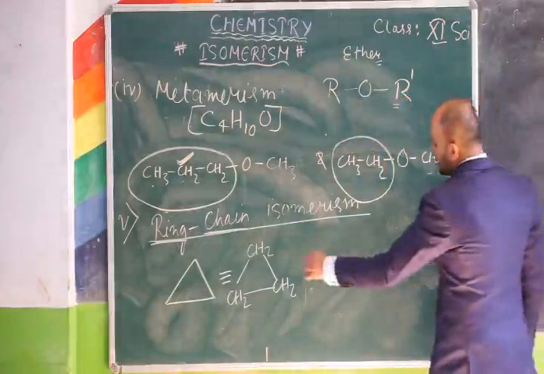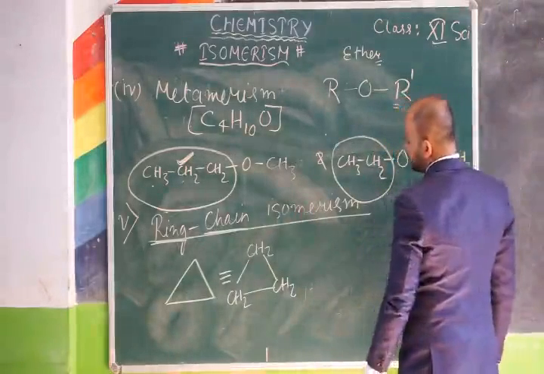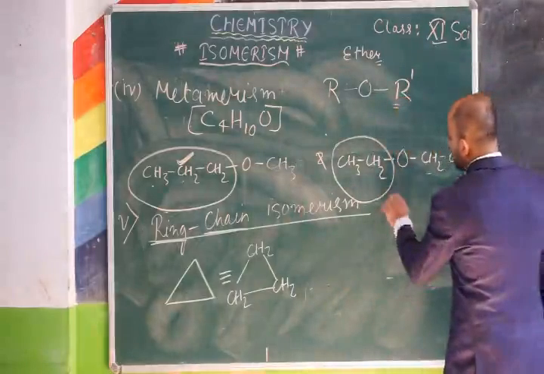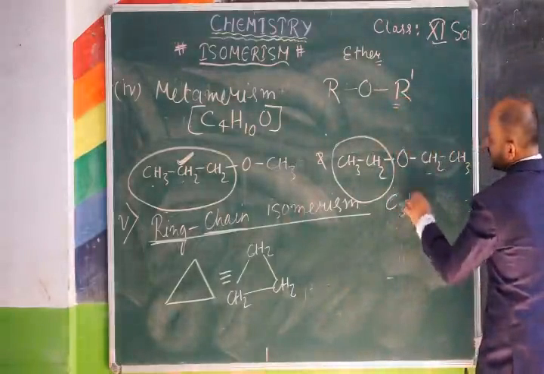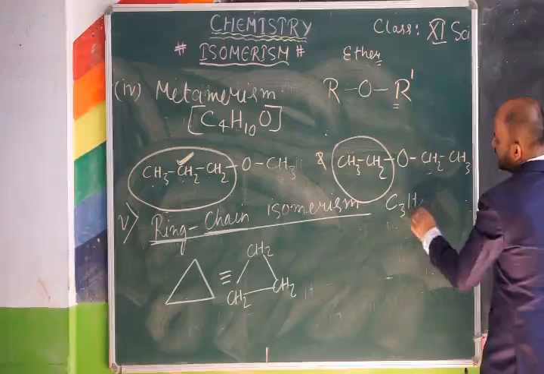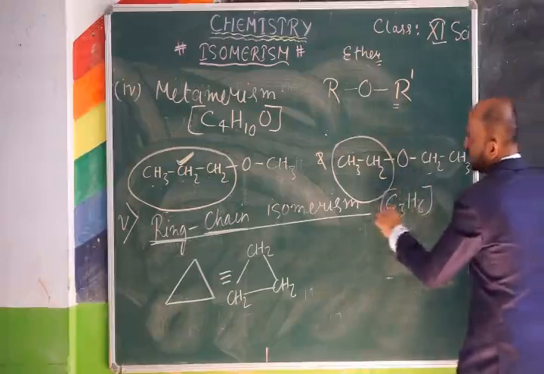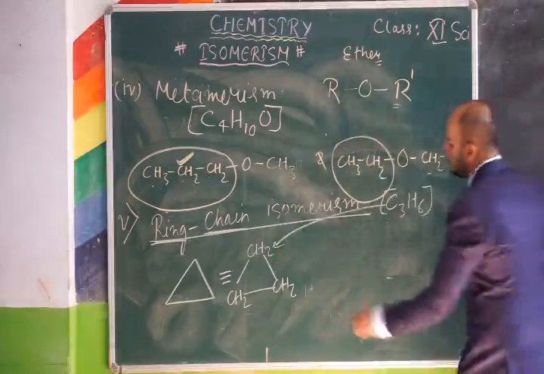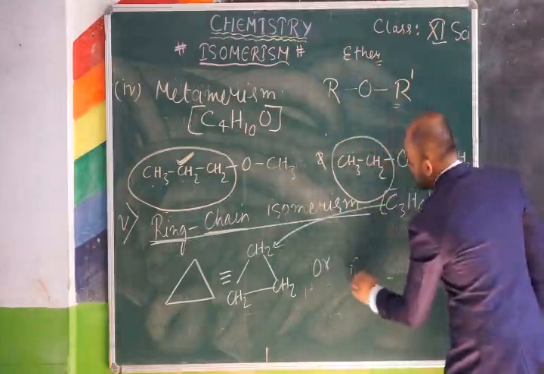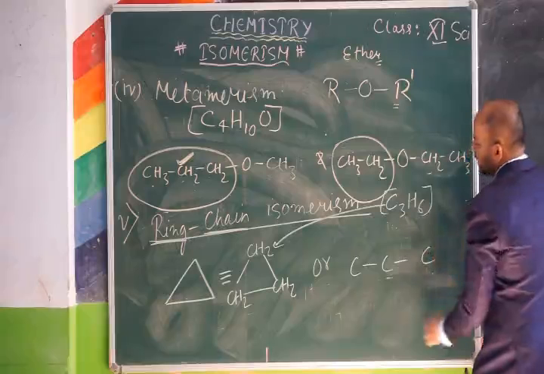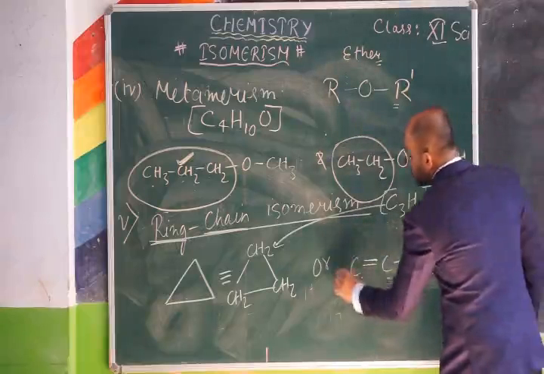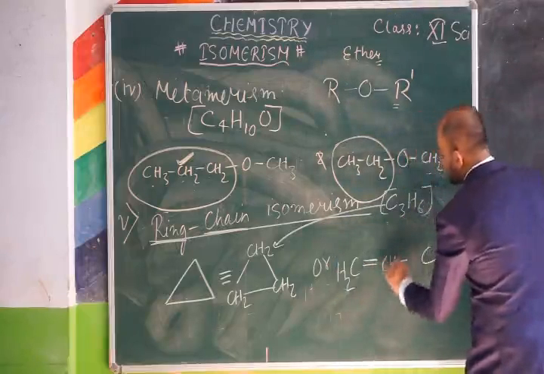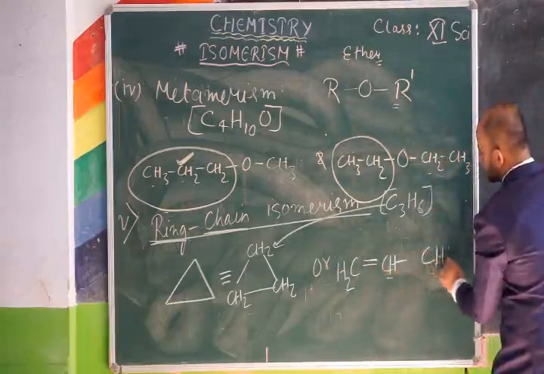Now, with the same formula, what will be its molecular formula? Molecular formula will be C3H6. With this molecular formula, you can have this structure, or you can also have a chain structure. Let's take three carbons. You can have a double bond here, CH2, one H here, and here CH3.